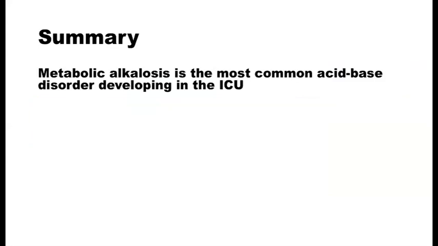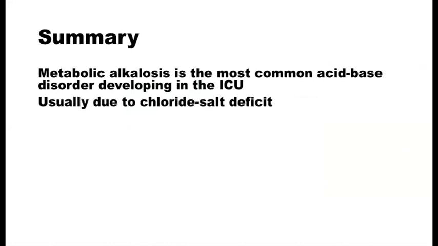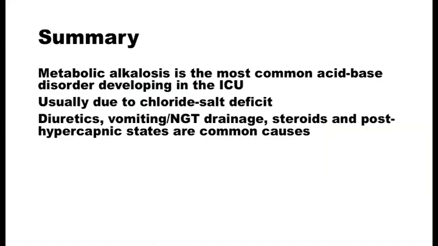So in summary, metabolic alkalosis is the most common acid-base disorder developing in the ICU, and it is most commonly due to a chloride salt deficit. This is usually due to either diuretics, vomiting, or nasogastric tube drainage. The other causes that one needs to look for, where there is actually sodium bicarbonate retention, are steroids and post-hypercapnic states in patients with chronic lung disease.